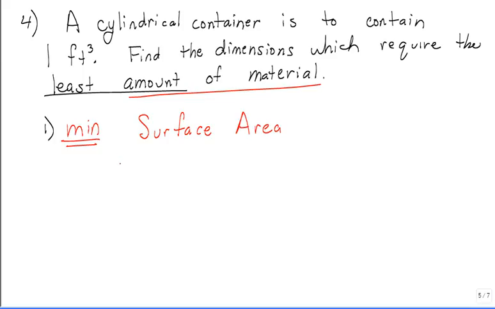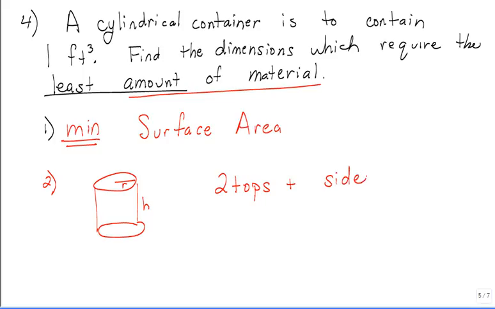So my surface area, well, to get the equation, I draw a picture. I have a cylinder here. And the surface area is I have 2 tops. Let's say that's my radius and that's my height. So I have 2 tops to cover plus the side, which is this right here.